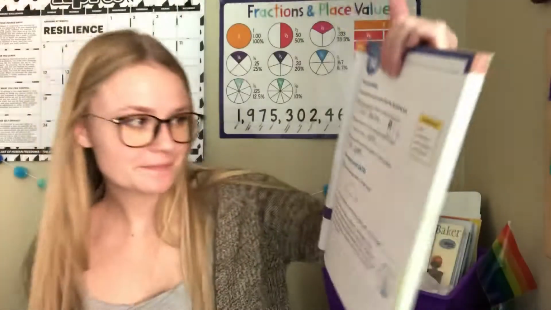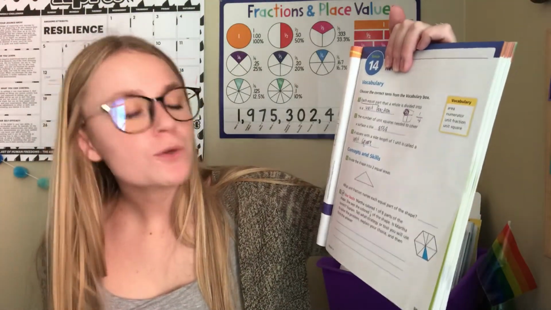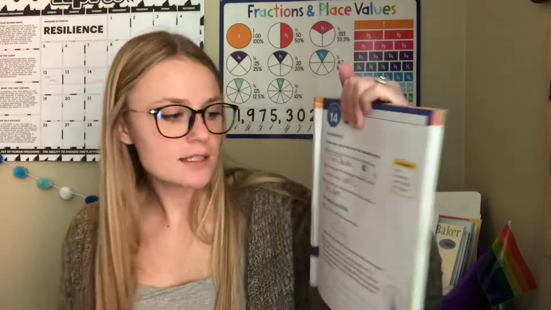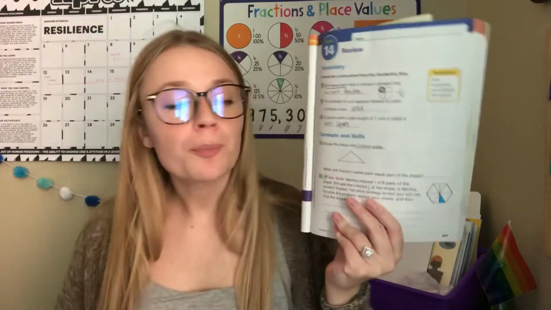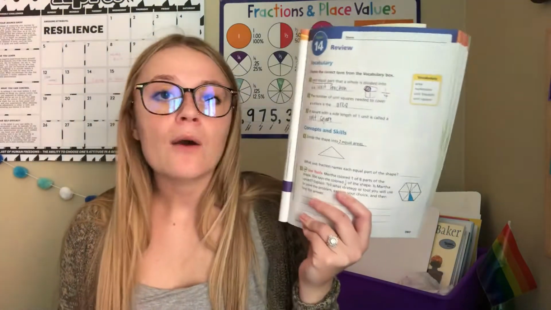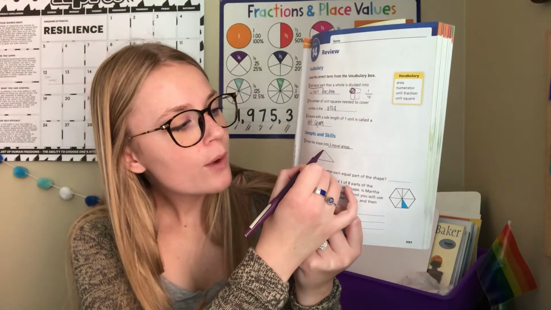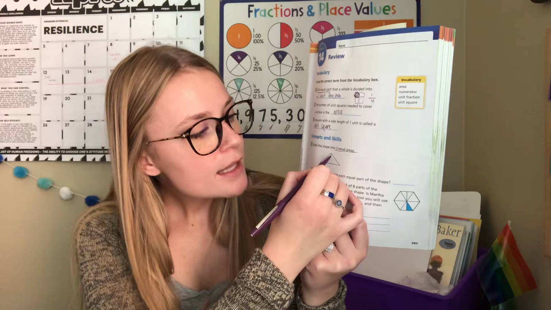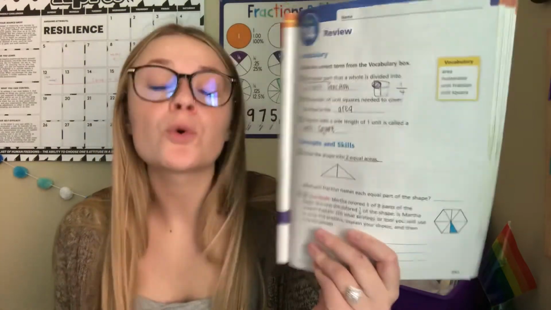Okay. Number 4. It says divide the shape into 2 equal areas. 2 equal areas means that I will have 2 parts. My shape is a triangle. Now I am going to draw a vertical line starting at the point of the triangle and going to the bottom, so that I have 2 equal parts.